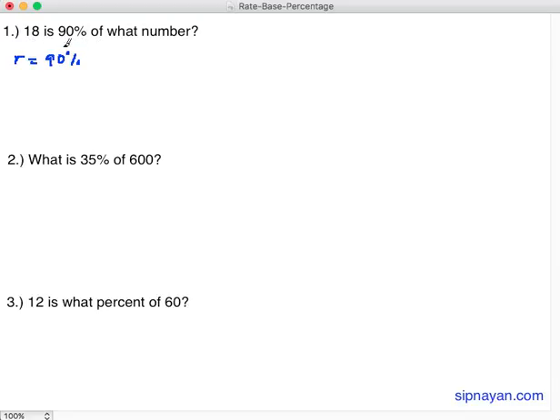Base ba o percentage? Ang formula natin, P equals R times B. Ang minumultiply natin sa rate is yung percentage. Kung makikita ninyo dito, 90% of what number, ibig sabihin 90% times this number. Yun yung base natin. So, ang unknown dito is base.